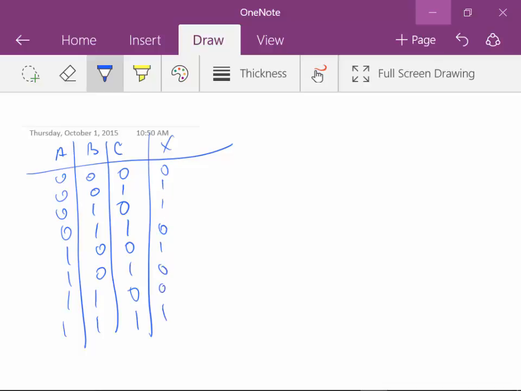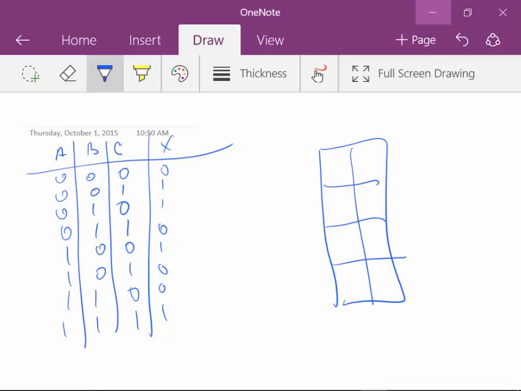Okay. Now, a normal Karnaugh map, let's just go ahead and fill the Karnaugh map. A naught B naught, A naught B, A B, A B naught, C naught, C. So 0, 1, 1, 0, and 0, 1, 2, 3, 4, 5, 6, 7.